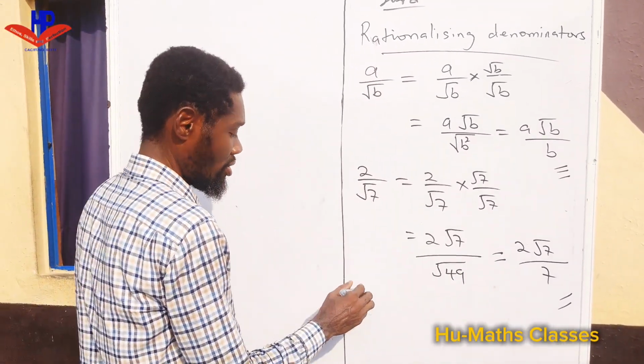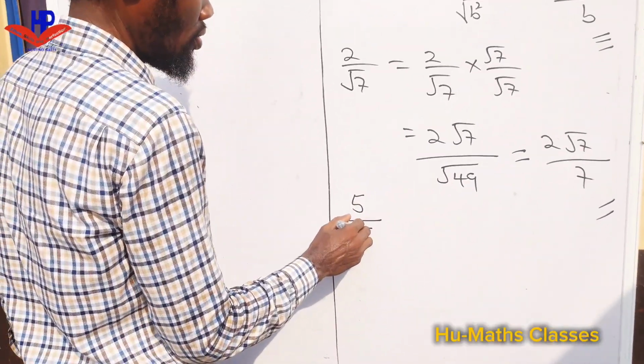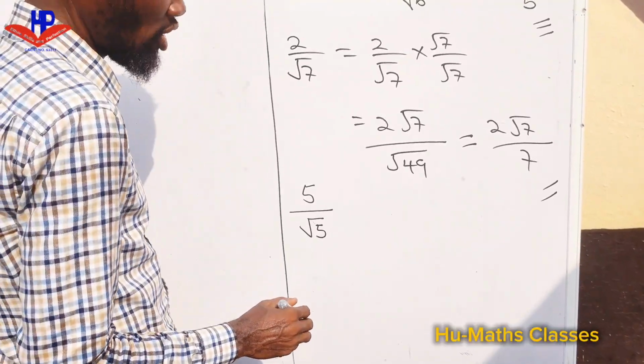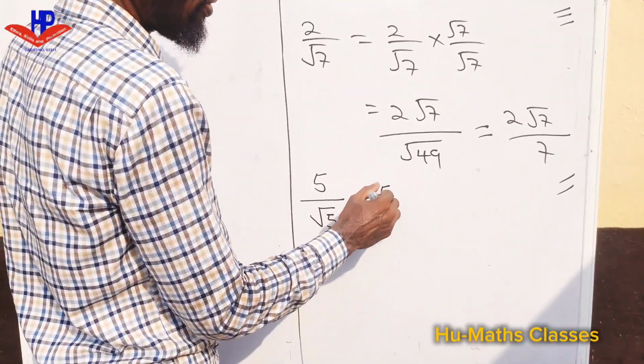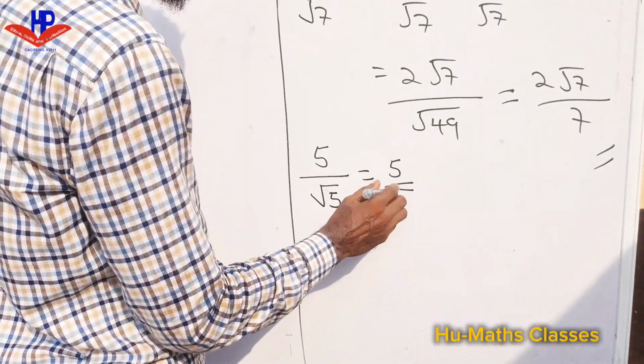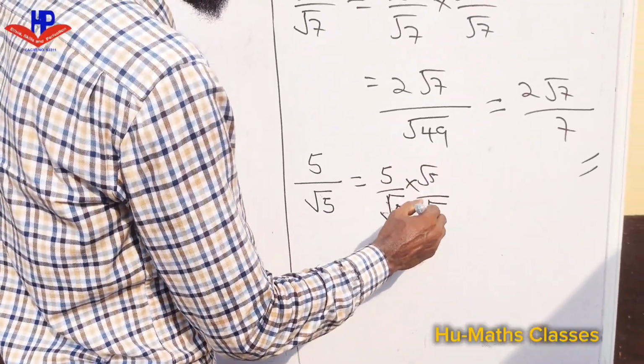If you have 5 over root 5 and you're asked to rationalize the denominator, that will be 5 over root 5 times root 5 over root 5.